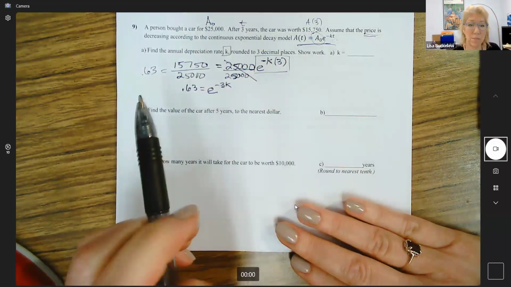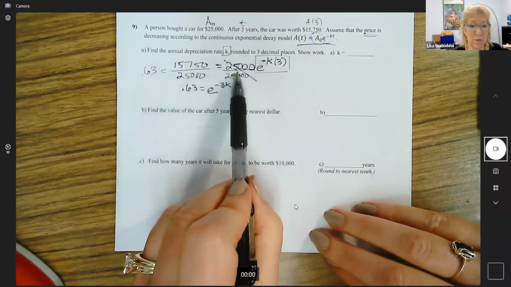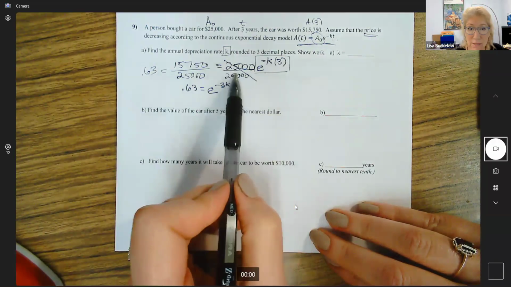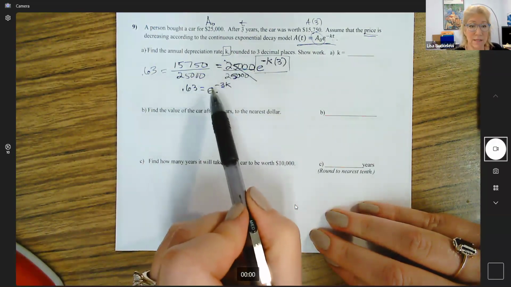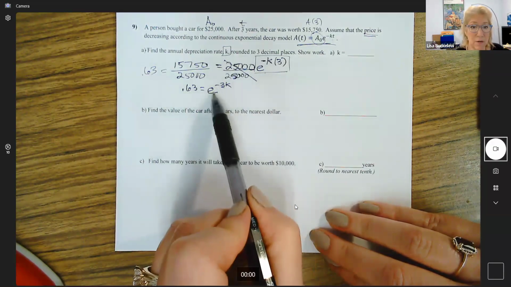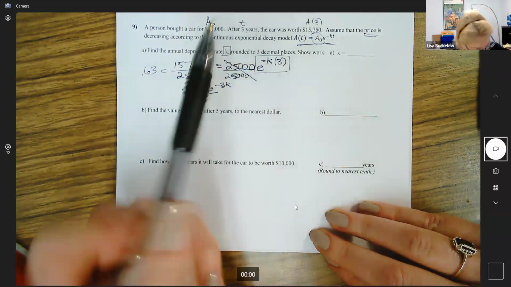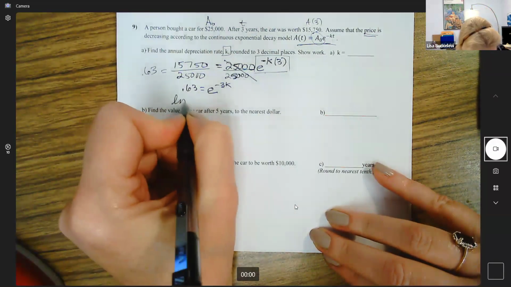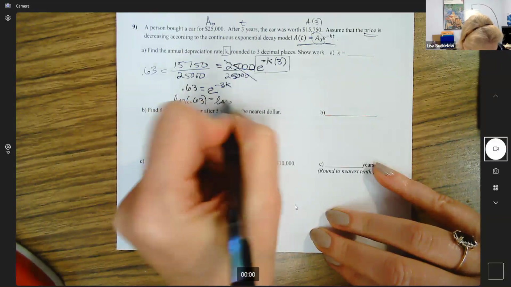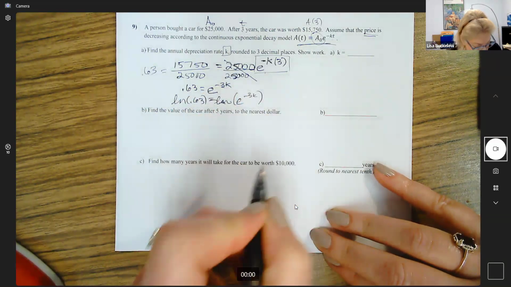All right, so that's our starting maneuver on any of these exponential equations: remove any other numbers that are not part of the base and exponent piece. So usually it's division like this. And then on the next step, this is where we apply a natural logarithm to both sides. That's going to be convenient over here because the natural logarithm will cancel out the e. So I'm going to apply a natural logarithm on both sides. You write it in front of whatever you're taking the logarithm of.